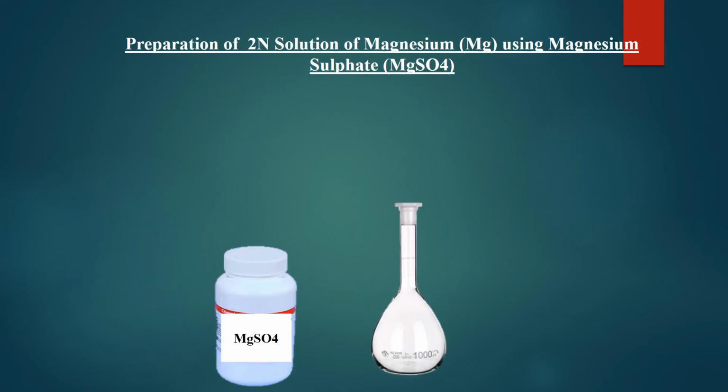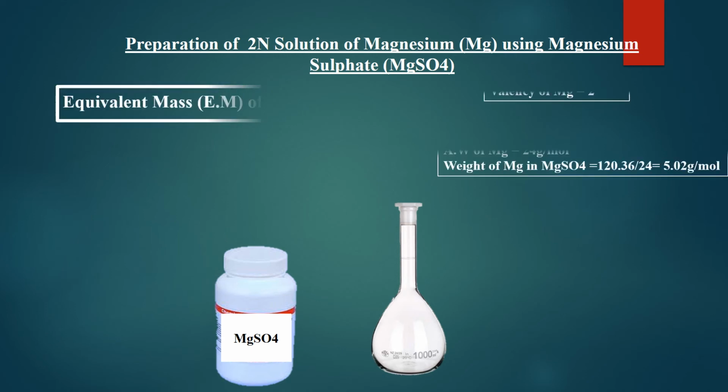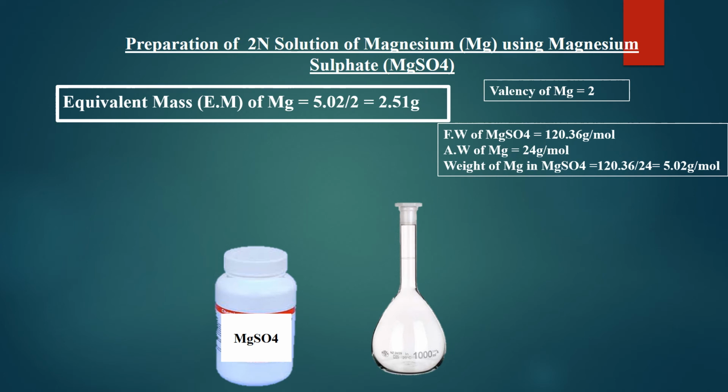To prepare 2 normal solution of magnesium using magnesium sulfate, first of all, find the equivalent mass of magnesium by dividing 5.02 by 2. As 5.02 is the mass of magnesium in magnesium sulfate and 2 is the valency of magnesium.